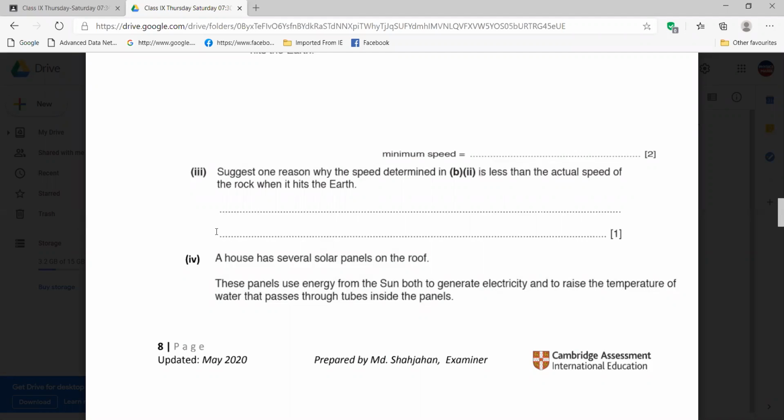The temperature change is given 25 degrees Celsius. Maybe there is some heat lost in the surroundings, that's why you got this one.